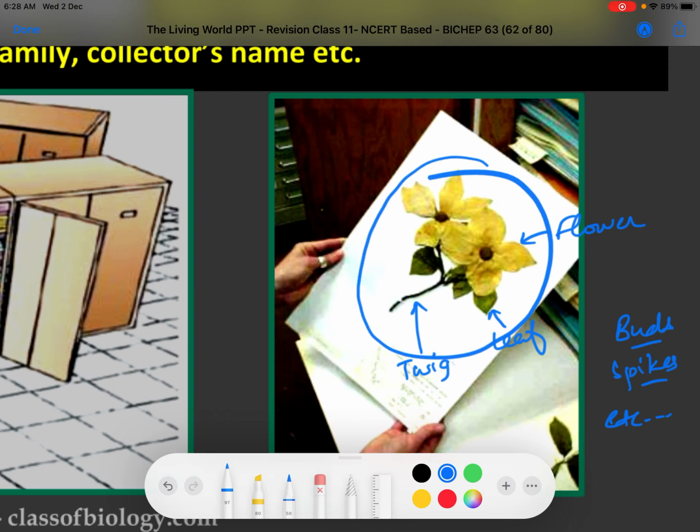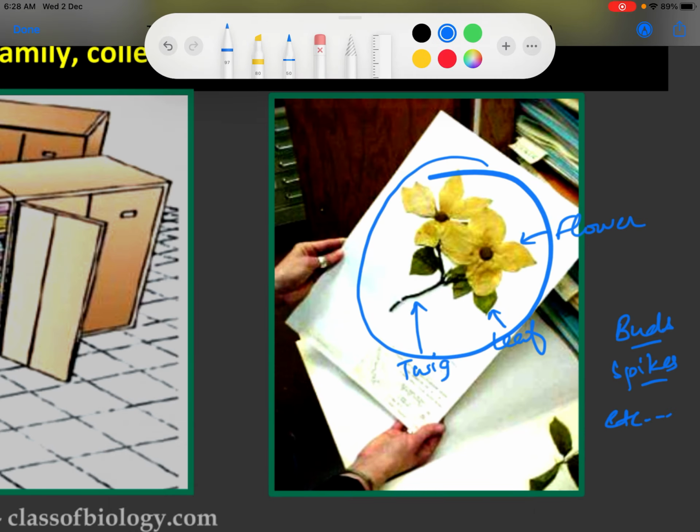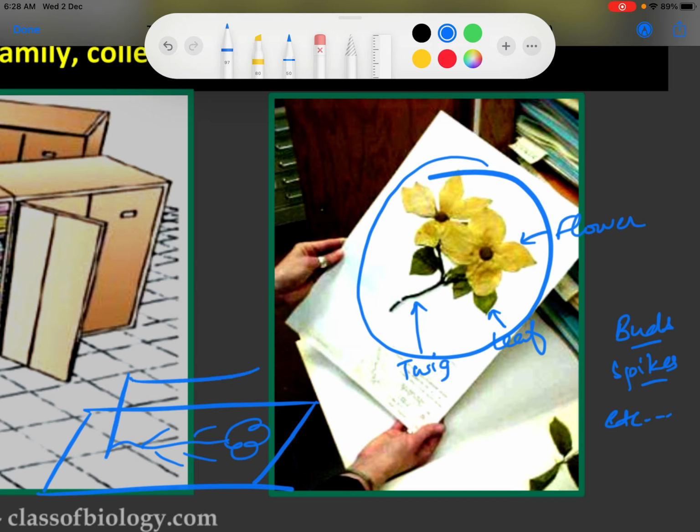After collecting it, he or she has to preserve it in a particular manner. For example, on top of the table, he or she has to put the plant and put a huge load of weight on it.